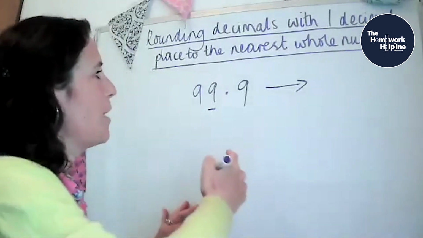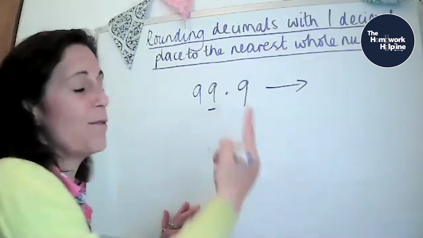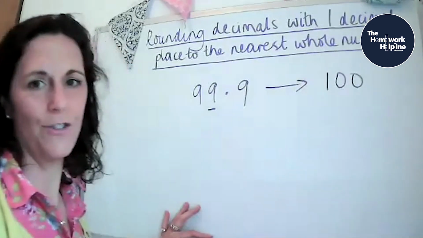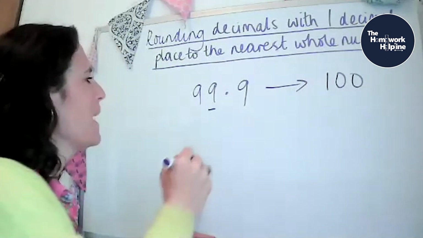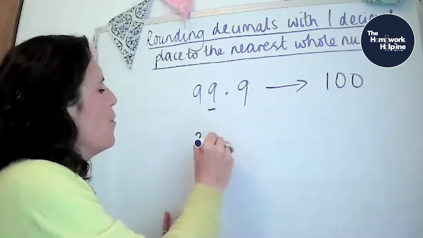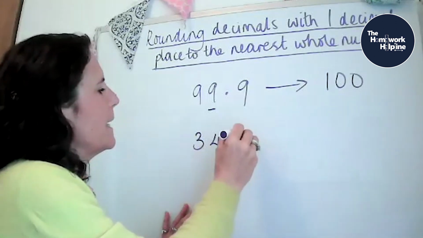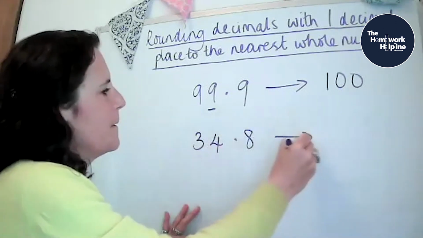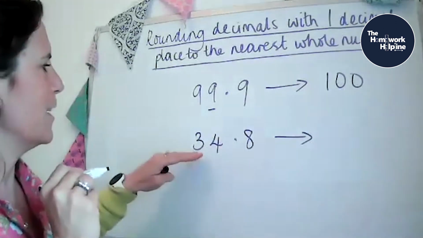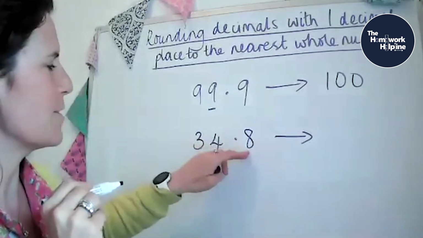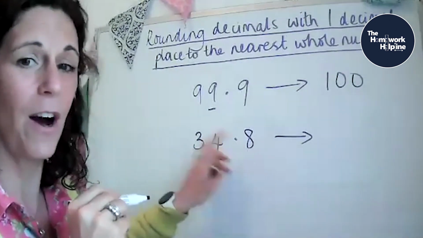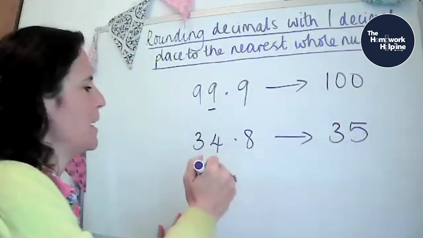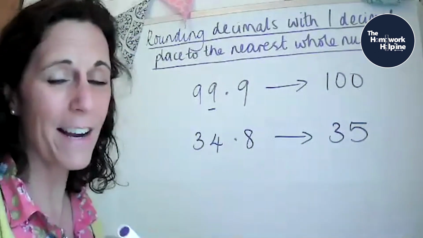So the next whole number after 99.9, if we're rounding it up, would be 100. Okay, and what about 34.8? We're looking at the 4, the 8 tells us to go up, so that 34 rounds up to 35. I think you've got the hang of that now.